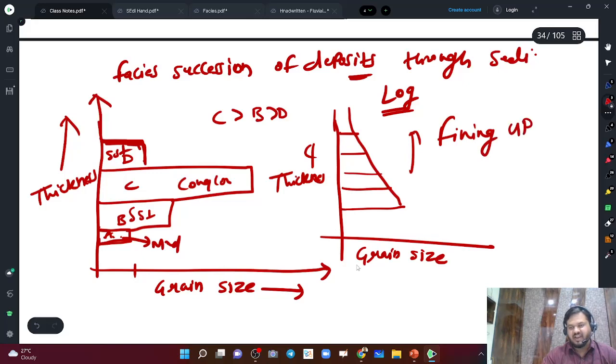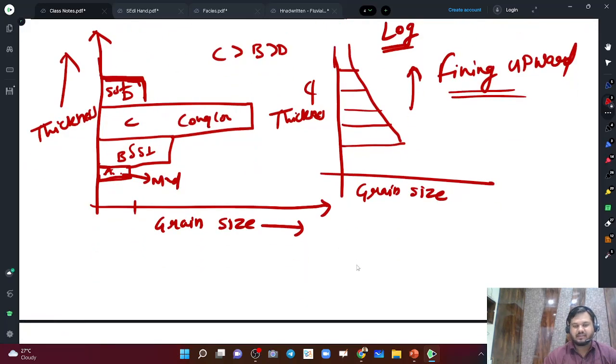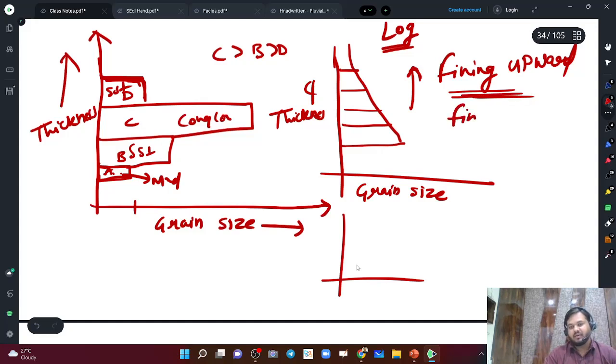Do you understand what is fining upward? If it is like this, fining upward means the grain size is getting finer as we go up, right? As we go up the sequence, the grain size changes, right?